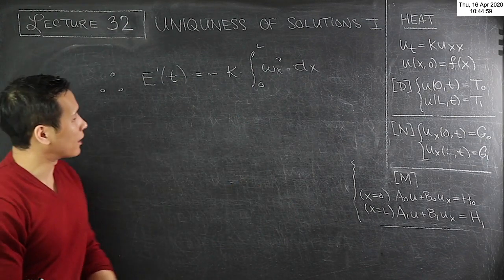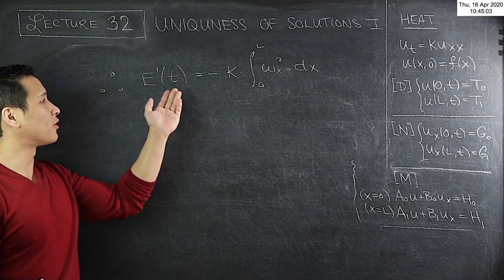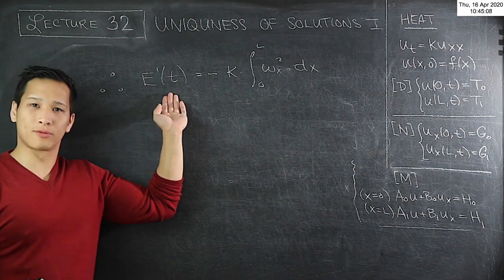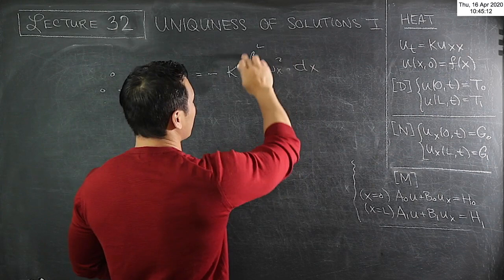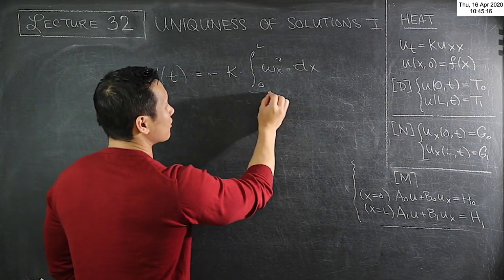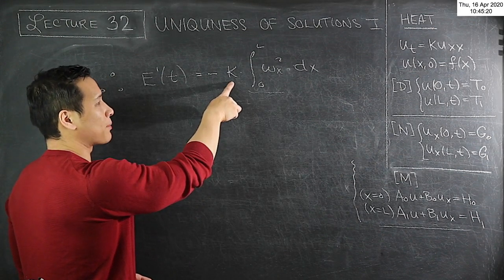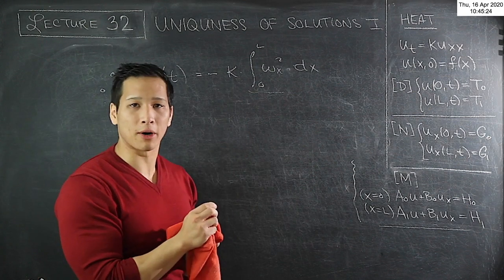Okay, so now you want to make a conclusion of what E of t is going to be based on what you know about the derivative. This integrand is the integrand of a squared number. So this part of the integrand will always be positive, and by assumption, this thermal parameter kappa is always going to be positive as well.